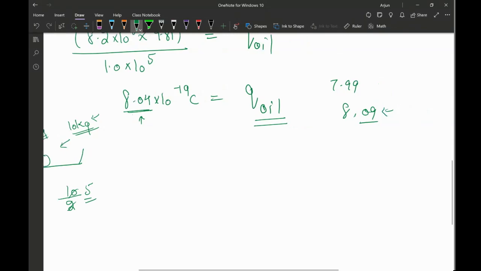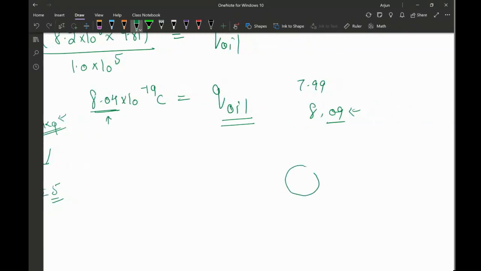Same analogy we're going to apply to our question. This is a big oil droplet which is suspended in air. The charge of one electron is 1.6 times 10 raised to the power negative 19 coulomb, and I want to find out how many charges are on this oil droplet if the total charge is 8.04 times 10 raised to the power negative 19 coulomb.